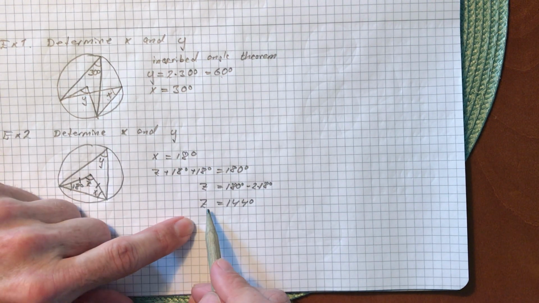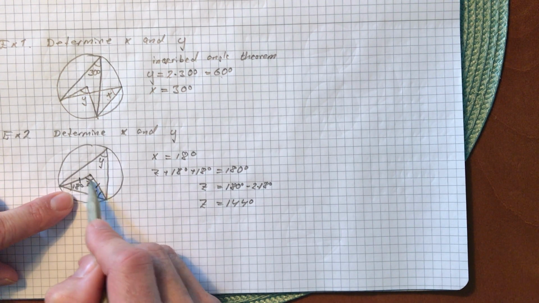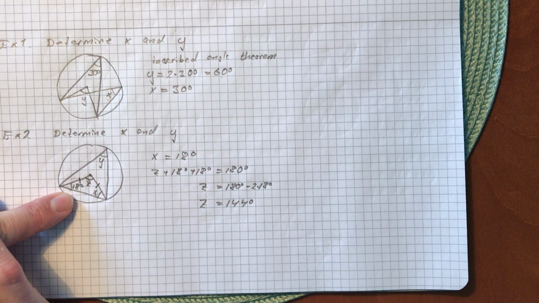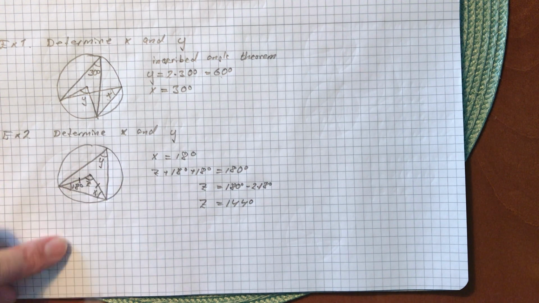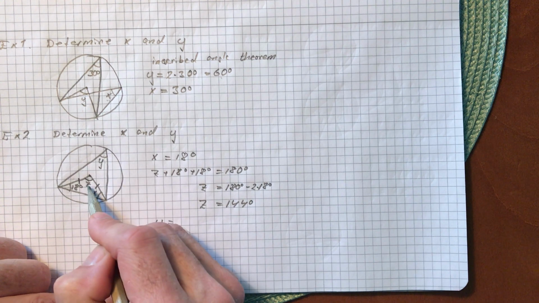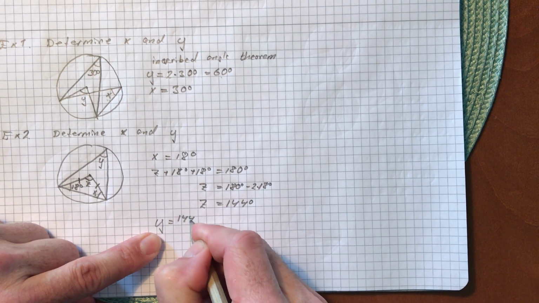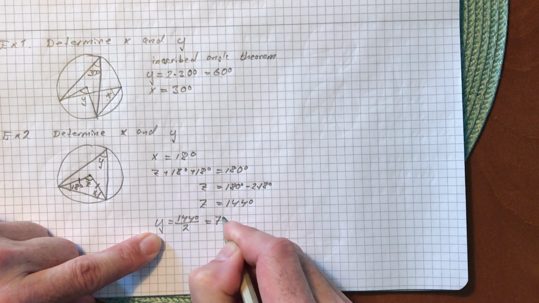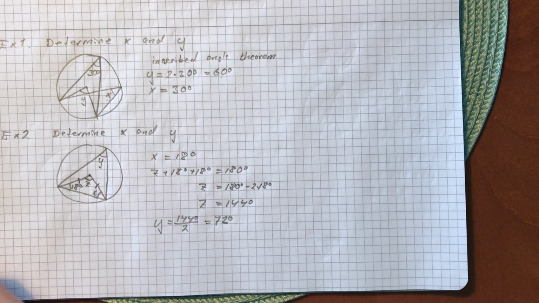But sometimes, you have to invent a new angle and calculate it before you can find what's been asked for. And that is y. So we know that y is half of Z. And Z was 144. So 144 divided by 2, that is 72 degrees, according to the inscribed angle theorem.